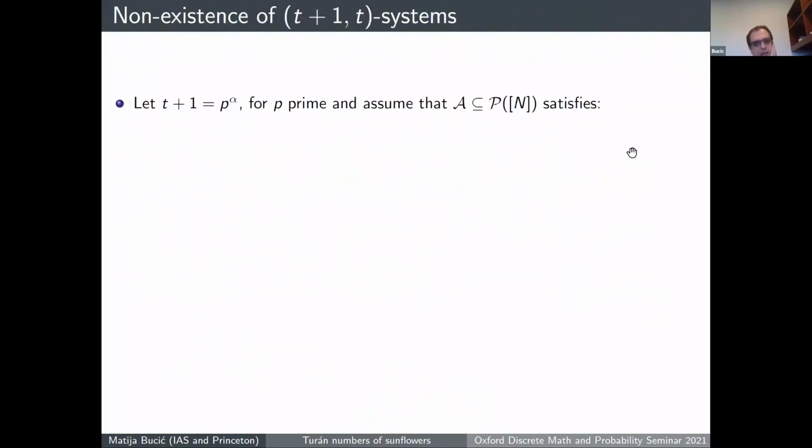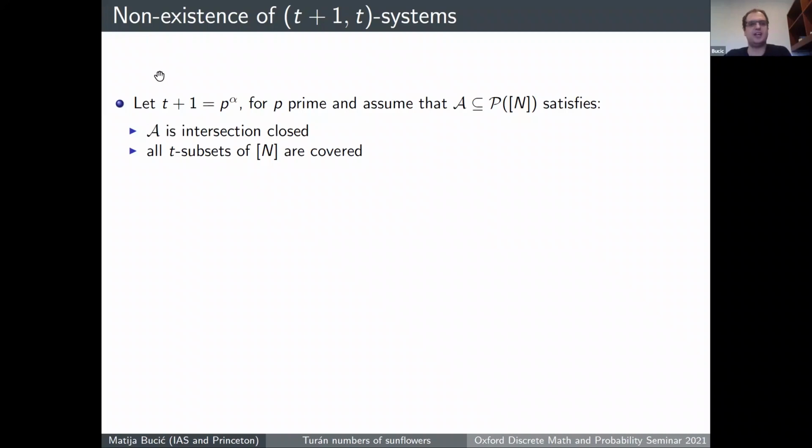So let me tell you a little bit about the final step. Step 3, in which we show that such objects never exist. As I said, I'm only going to do it for prime powers, so when t+1 is a prime power. Let me remind you what the properties of a (t+1, t) system are, and I'm assuming here towards contradiction that they all actually exist.